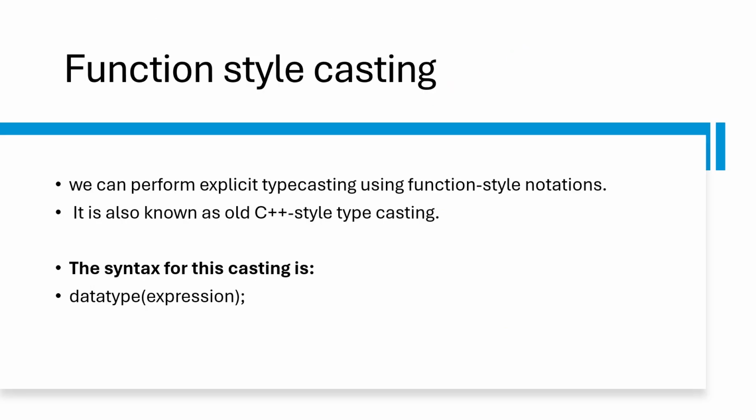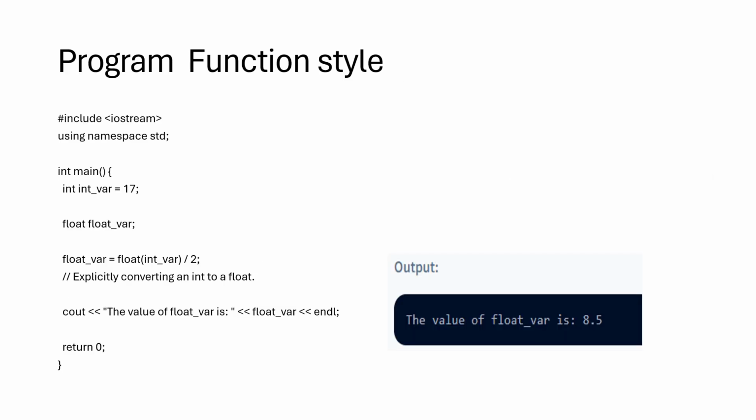Function style casting: we are performing explicit casting like C style. This is also the same data type conversion, in function form. Suppose we keep an integer a equal to 17, and we declare a float var as a float.